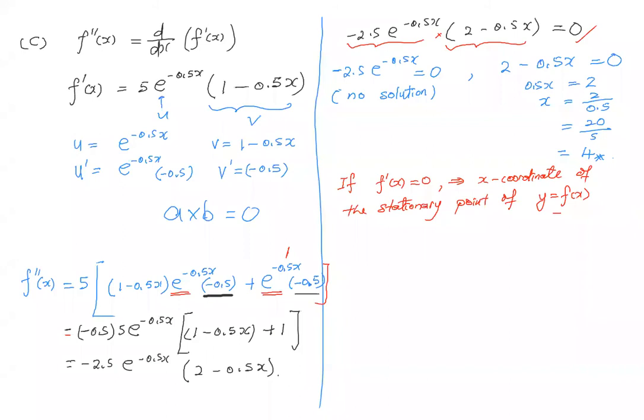You must know whose stationary point. So if f double prime x equal to 0, this will give us the x coordinate of the, okay, I'm going to introduce inflection point, of y equal to fx.